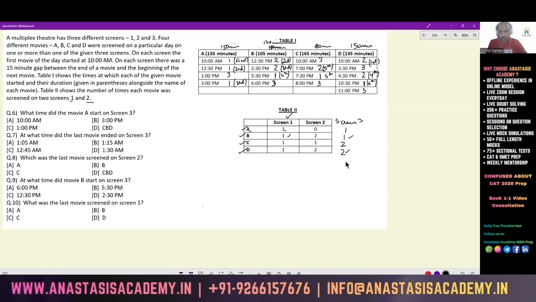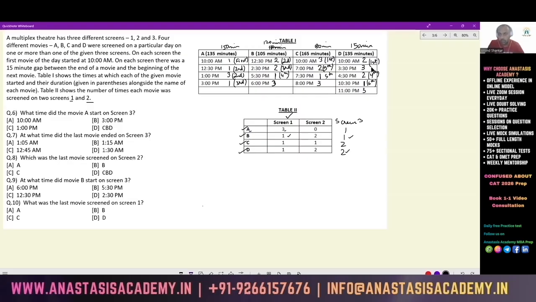Now on screen 3, there are 6 movies. 10 a.m. will be the first screening. So this is first. Now 3 hours later at 1 p.m. This will be the second screening on screen 3. Then 1:50. So 3:30 we need to go.